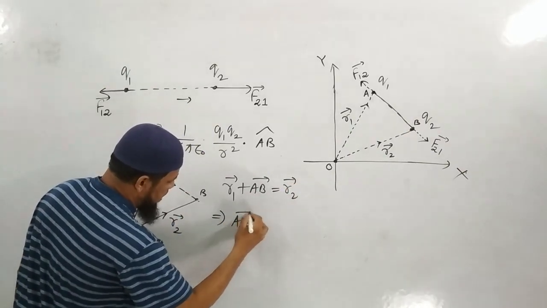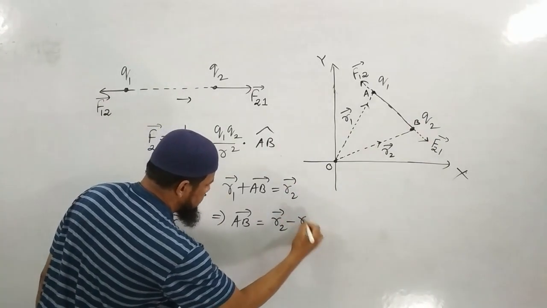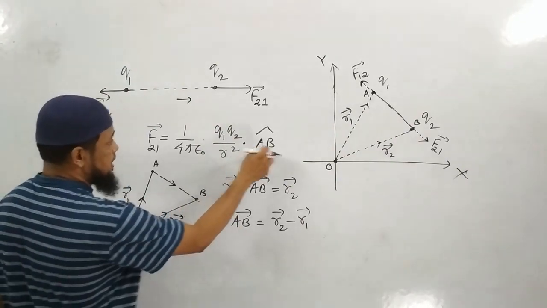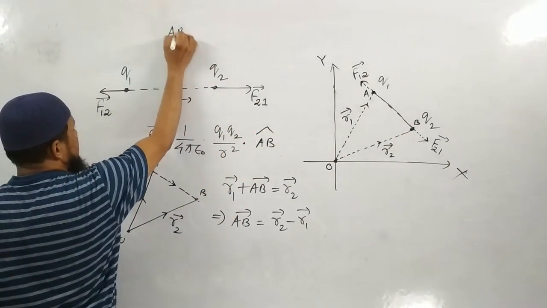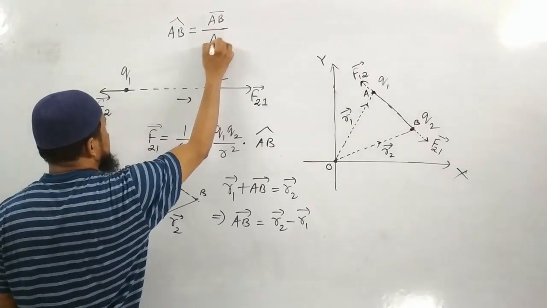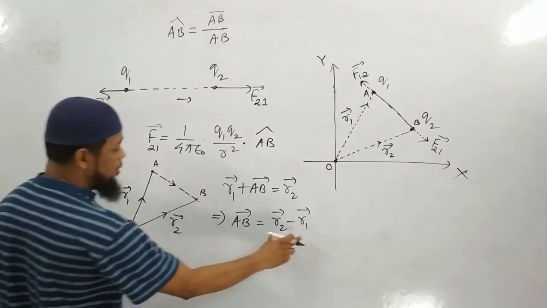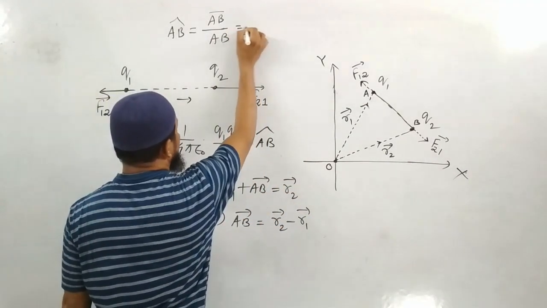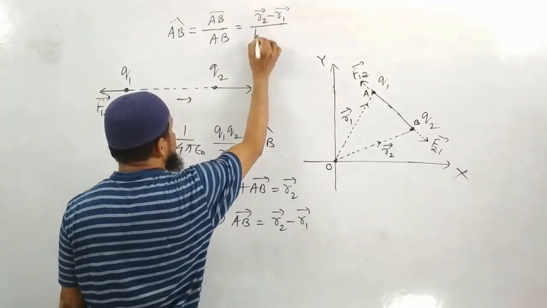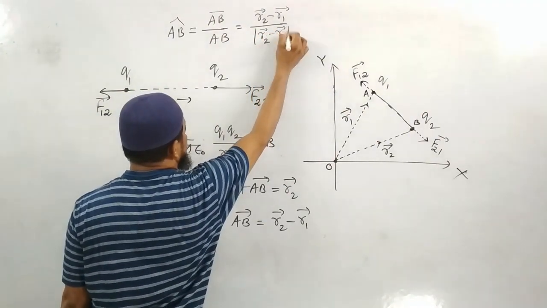So AB bar is basically nothing but R2 bar minus R1 bar. Okay, so a unit vector, that is AB cap. How much will we get for AB cap? A unit vector is nothing but the vector divided by its magnitude. Let me call the magnitude AB. Then it looks like R2 bar minus R1 bar divided by modulus of R2 bar minus R1 bar.